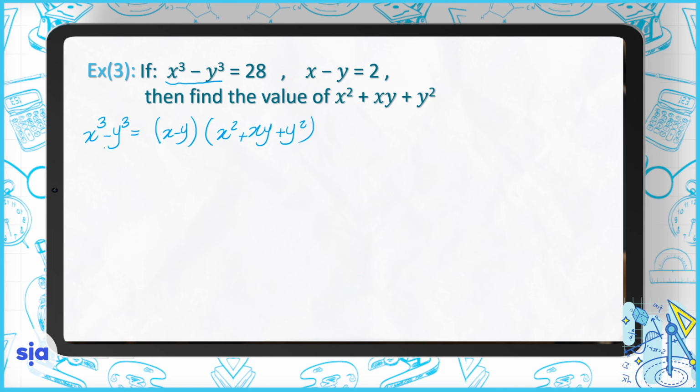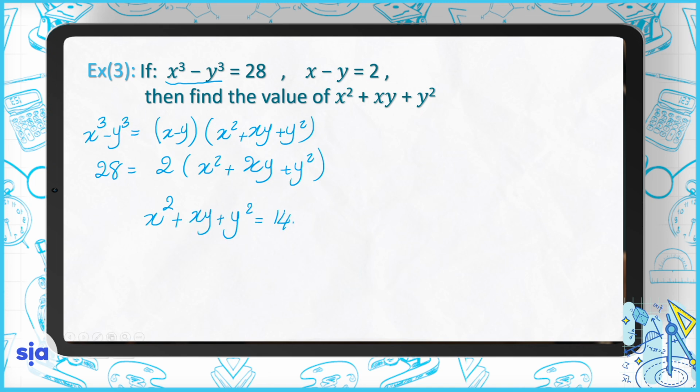If the question says that x cubed minus y cubed is 28 and x minus y is 2, how can we find this bracket, which is x squared plus xy plus y squared? 2 times what equals 28? Yes, so x squared plus xy plus y squared is equal to 13.